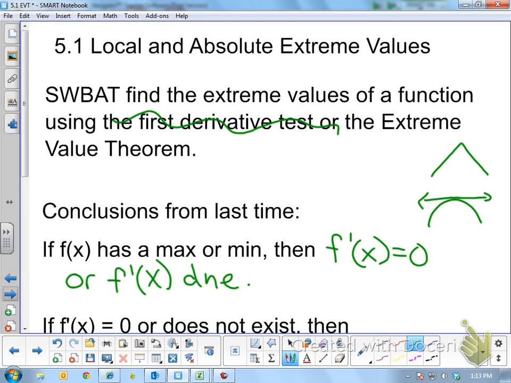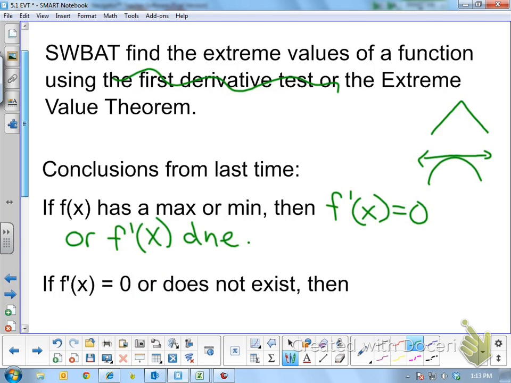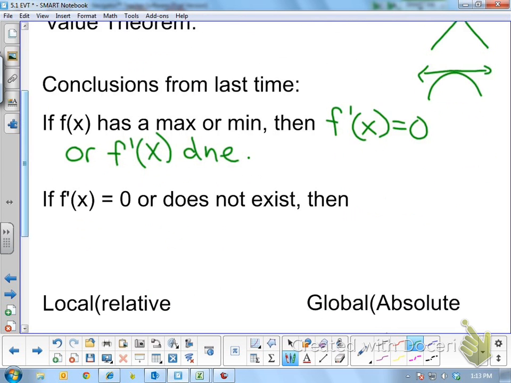The other direction wasn't as ironclad. If f prime of x equals 0, or f prime of x does not exist, then f of x has possible maxes or mins. It might be a max or a min.